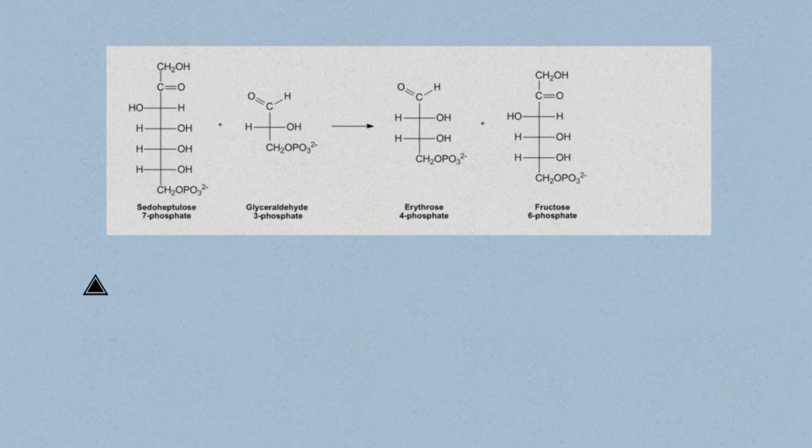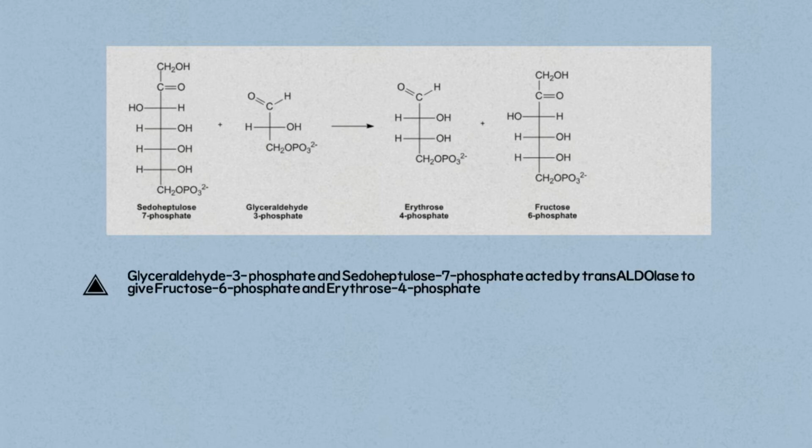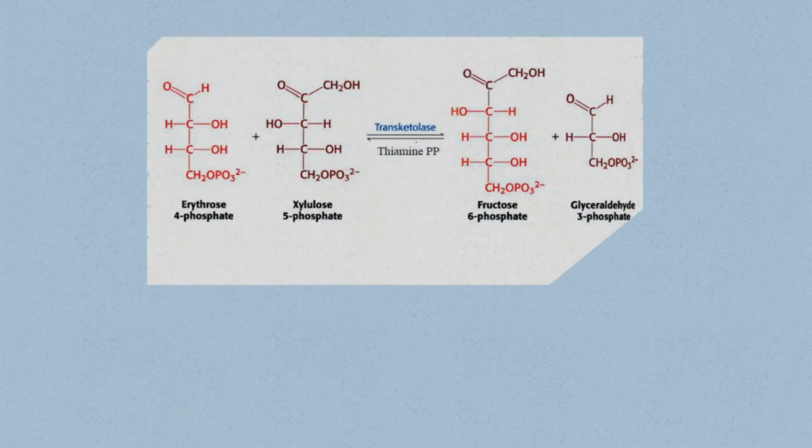Glyceraldehyde 3-phosphate with 3 carbons and sedoheptulose 7-phosphate with 7 carbons are acted on by transaldolase to give fructose 6-phosphate with 6 carbons and erythrose 4-phosphate with 4 carbons.